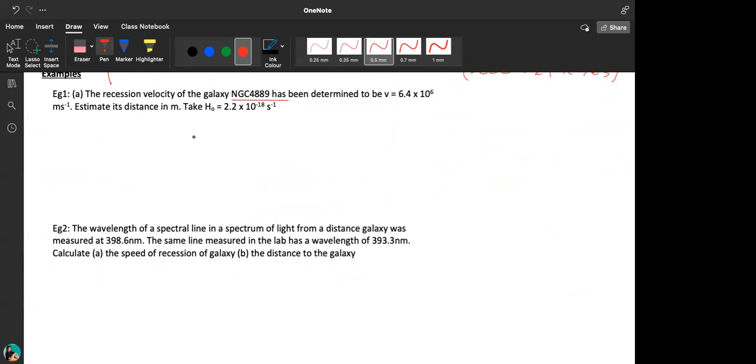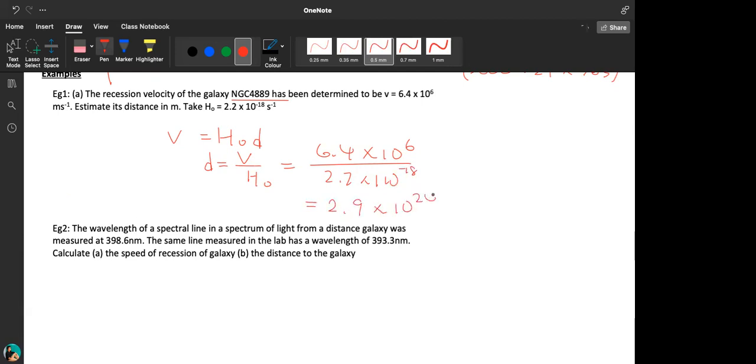Okay, this one is just straightforward, just plug in the values. v equals to H naught d, so d equals to v over H naught. 6.4 over 2.2.